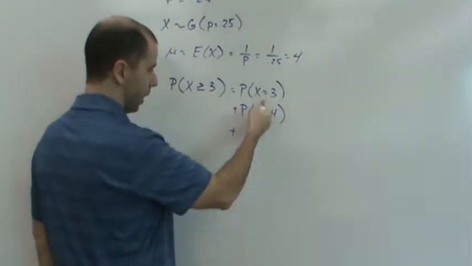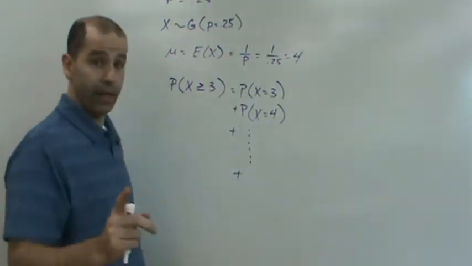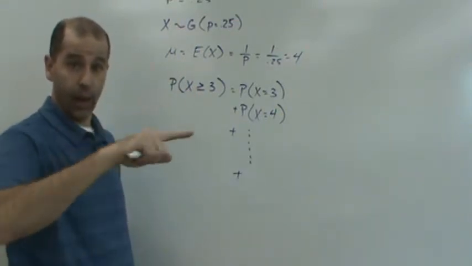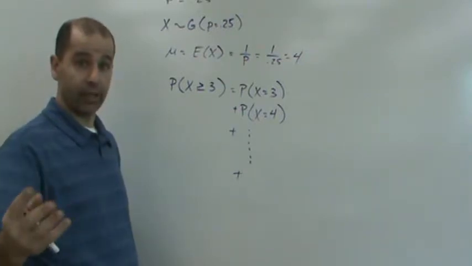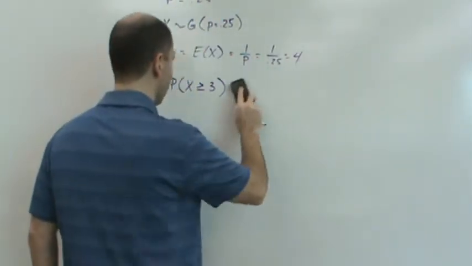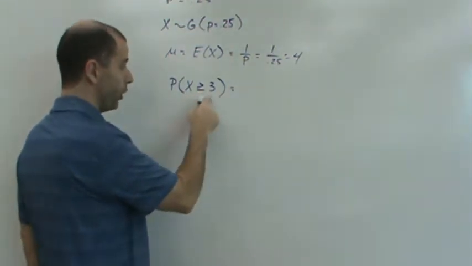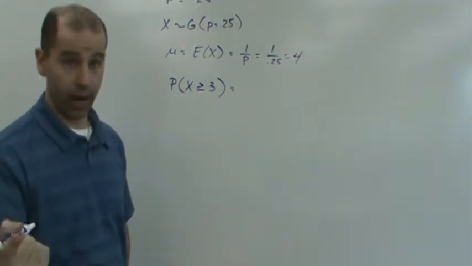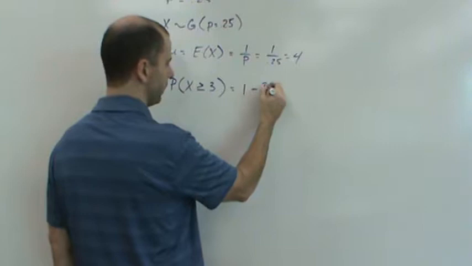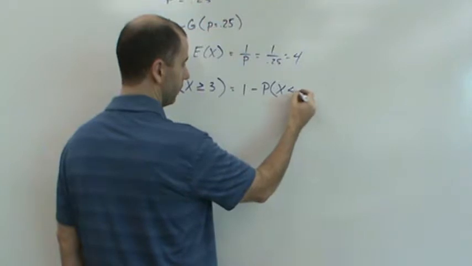But we know these probabilities are going to get smaller and smaller, because the whole distribution has to sum to 1. So the better way of doing this is to use the complement rule and say, what's 1 minus the probability that x is less than 3?